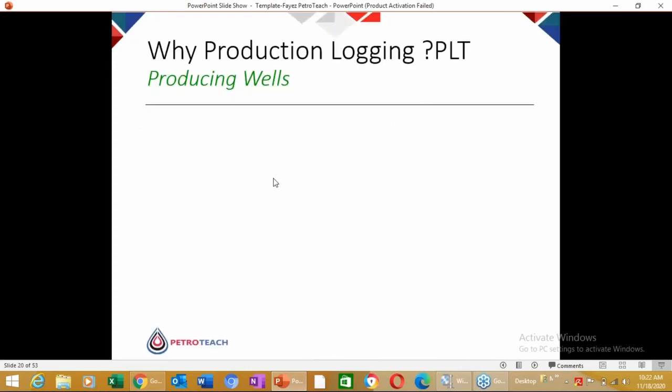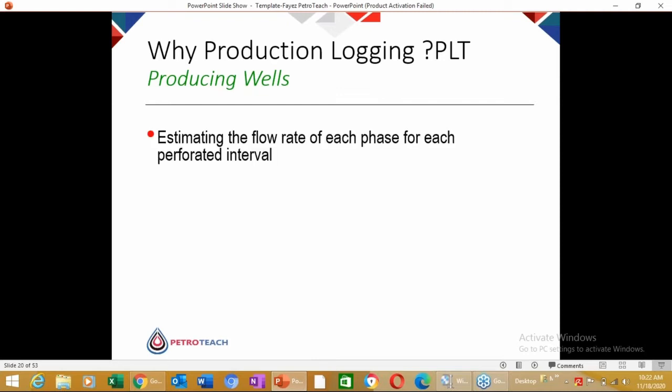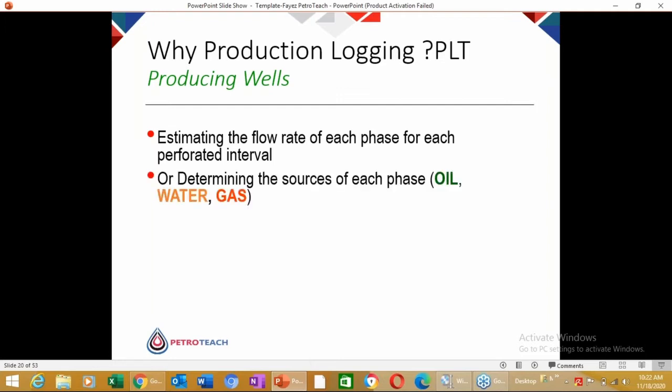We are going to talk about also one very good point. Why production logging? Because it estimates the flow rate of each phase for each potential perforated interval, and also determines the source of each phase: oil, water, gas.